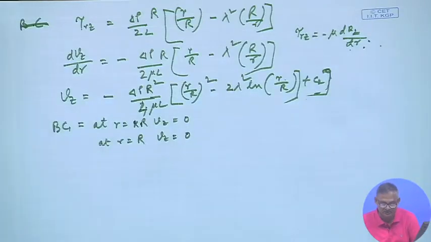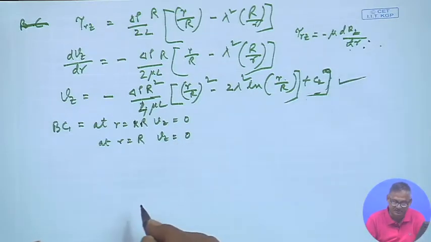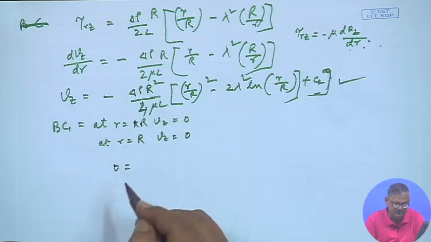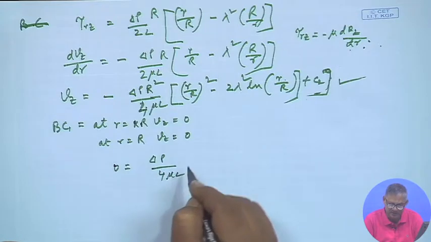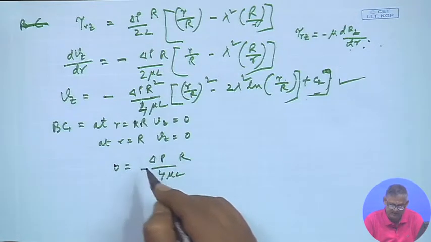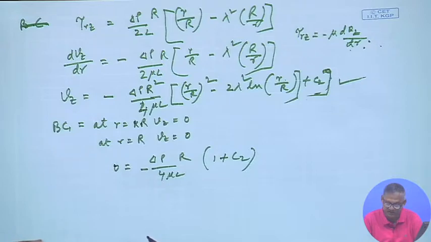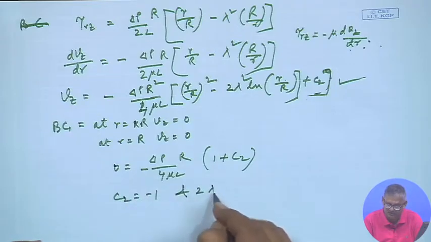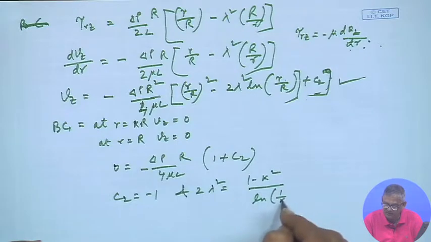So, if we put and substitute this boundary condition into C2, we can write that 0 equals delta p over 4 mu L R square with a negative into 1 plus C2, and from there we can find out C2 equals minus 1, and 2 lambda square equals 1 minus k square divided by ln of 1 by k.